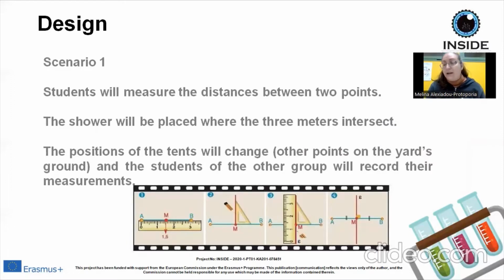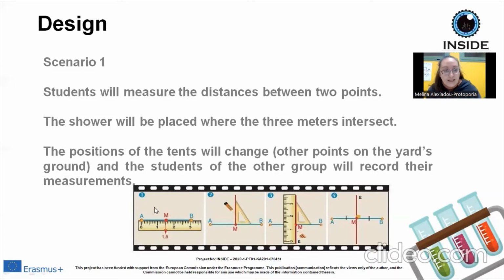The students will then go back to the classroom and use the 3D printed material and put on this surface the 3 tents, and start to calculate the distances at a not so big scale, as we do in the yard, and start making calculations by themselves.